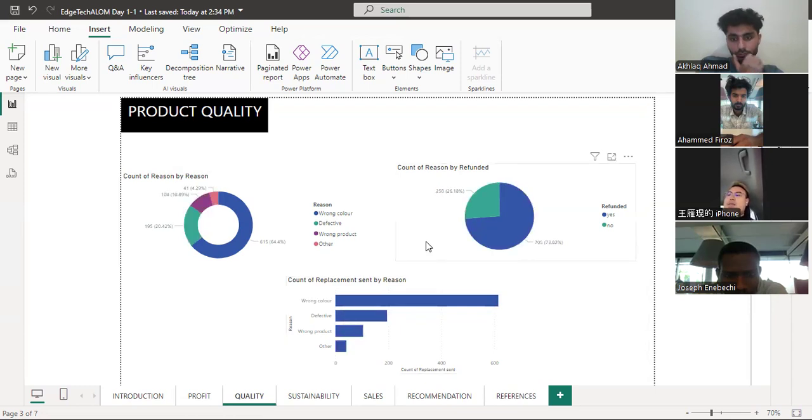This means that the business also has to evaluate its partners within the supply chain to identify if there are any parties delivering defective products. So that is quality. That's the quality KPI.